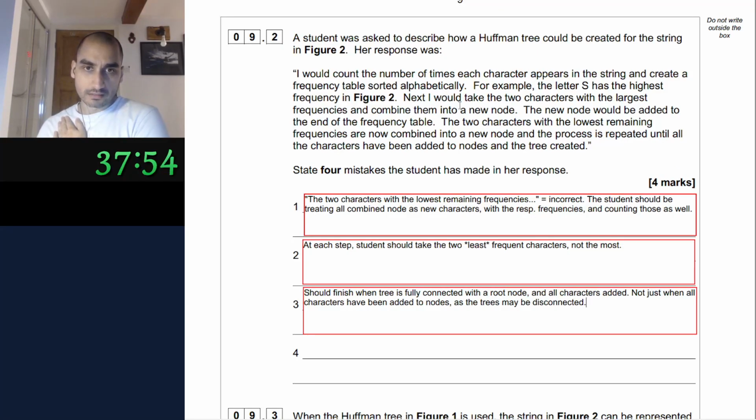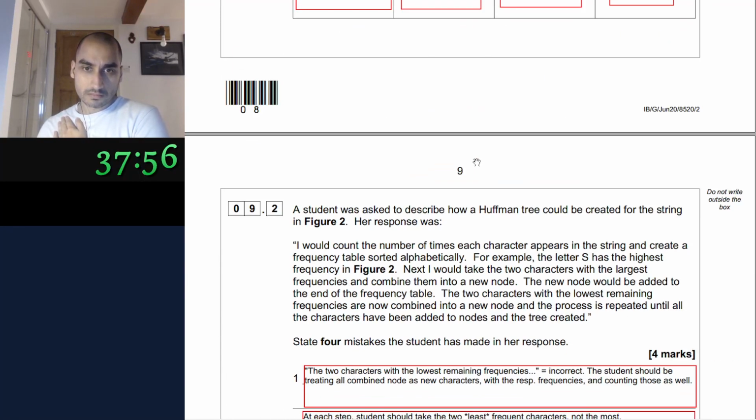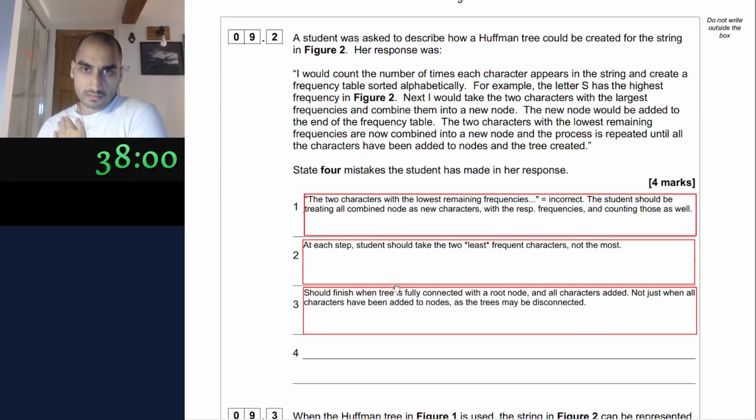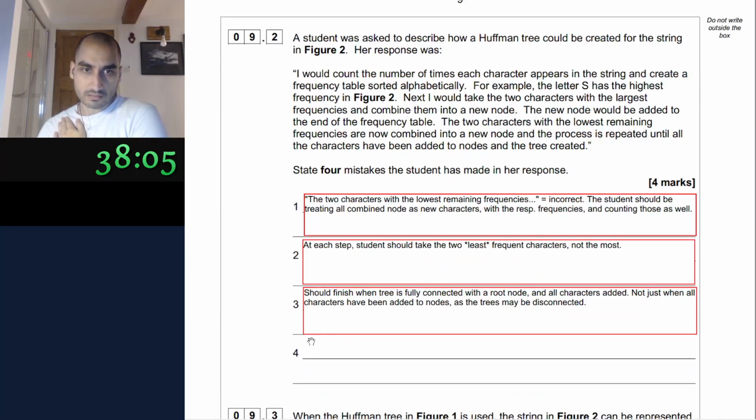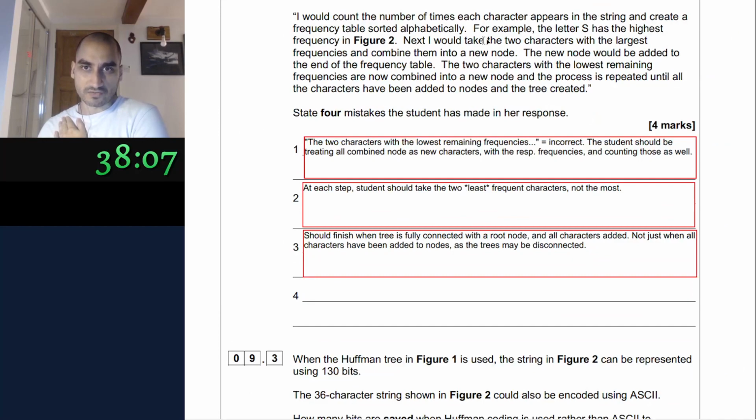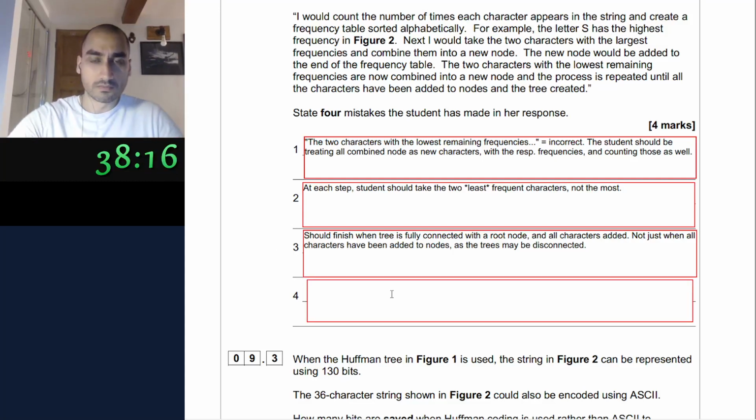Sorted alphabetically? Does it matter? Well, why would you sort it alphabetically? No, sort it by frequency. It doesn't actually matter if you're going to identify the highest anyway. But I think this is probably a wrong step if you're following the algorithm as standard.